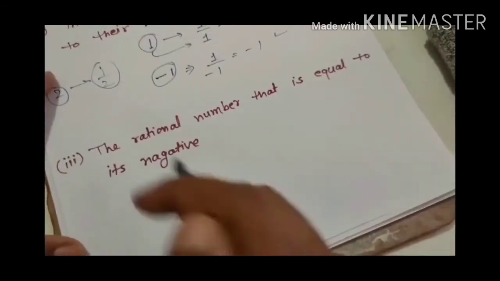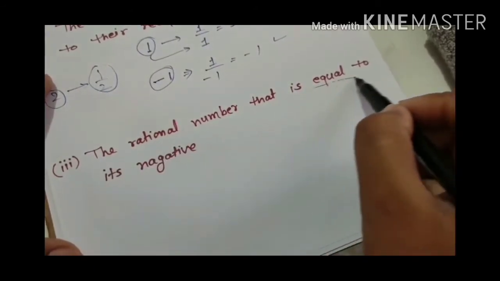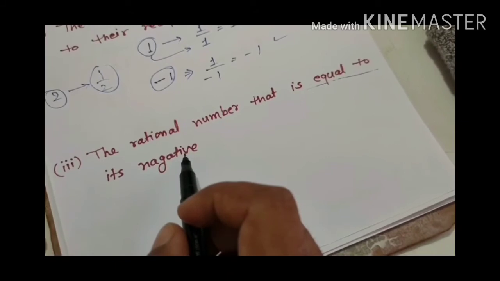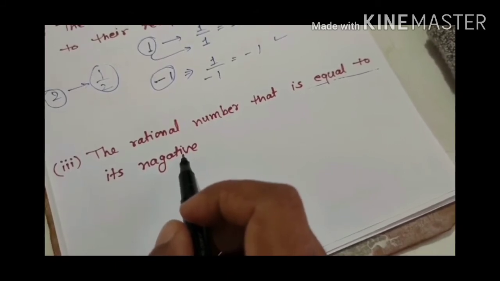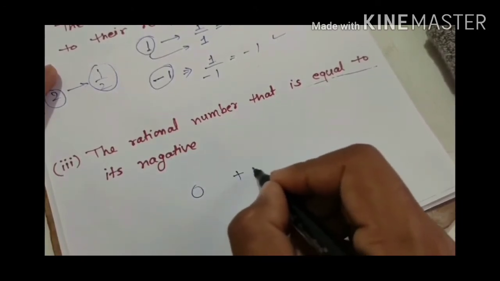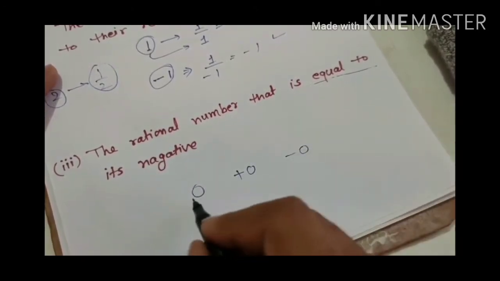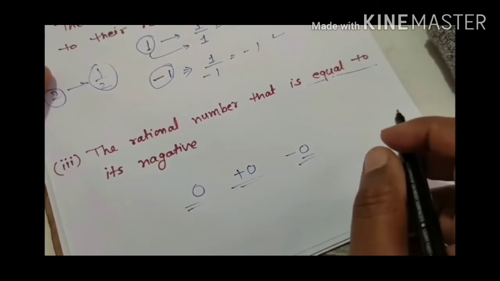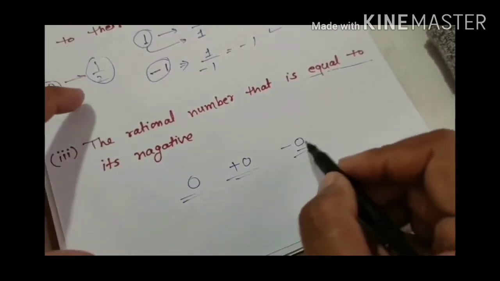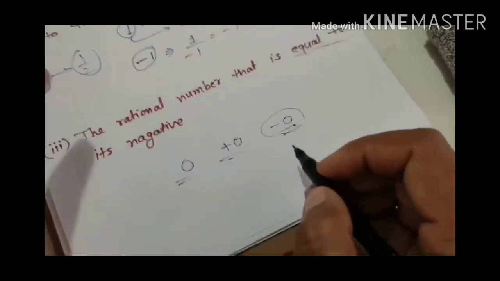So next one, the rational number that is equal to its negative. Which number is there whose negative is the same?